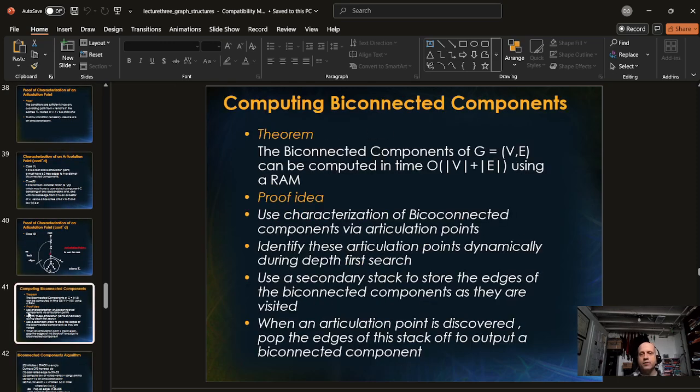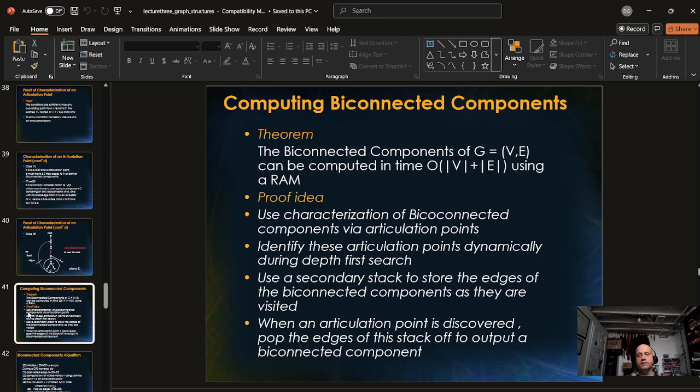Computing bi-connected components. Here the theorem is that the bi-connected components of G equal to (V, E) can be computed in time O(|V| plus |E|) using a RAM. Proof idea: we can use the characterization of bi-connected components via articulation points.